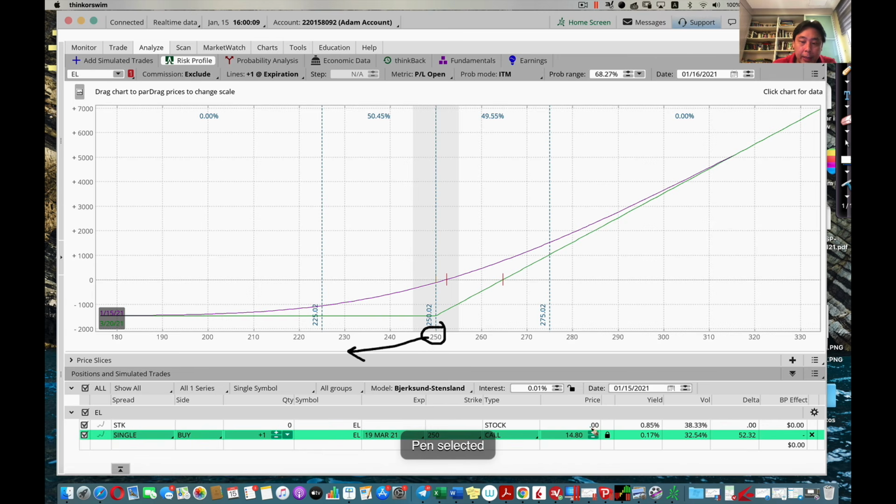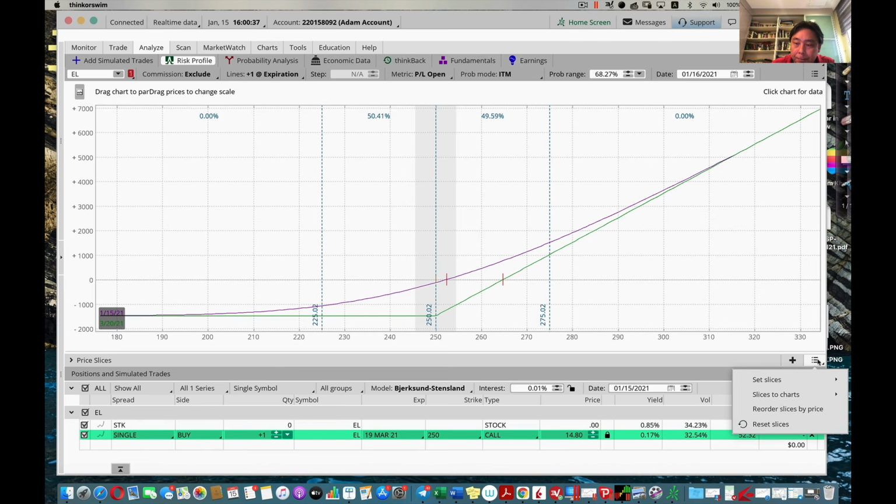So you lose the entire premium of 1480. Now, what's your break-even point? Sorry, your break-even point is the strike price plus the premium. Your break-even point would be here, this red line over there. So you can see at expiration, your break-even point is roughly 264.75.